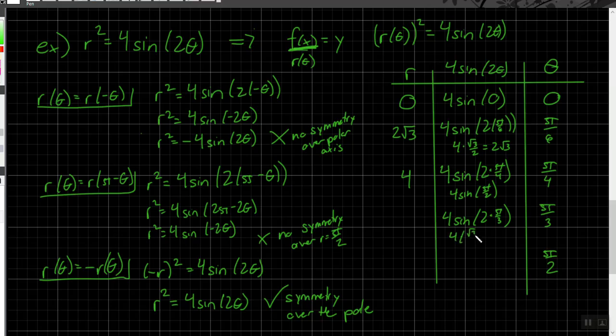Yep, root 3 over 2, which would equal 2 root 3. Okay, next one, last one. 4 sine of 2 times pi halves, which would be 4 times sine of pi. What is sine at pi? 0. Okay.